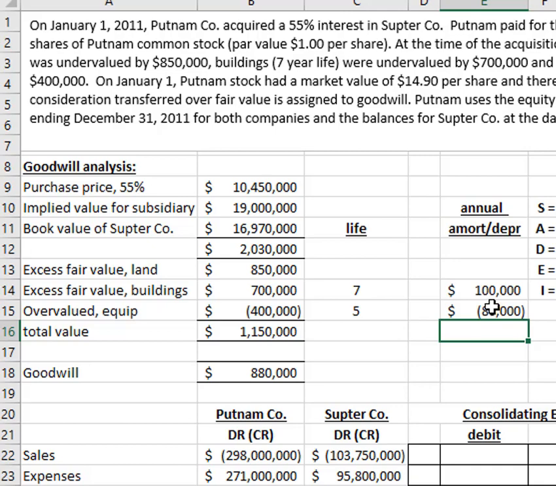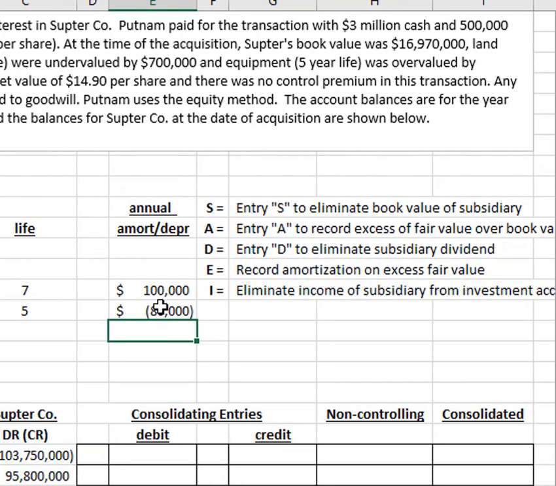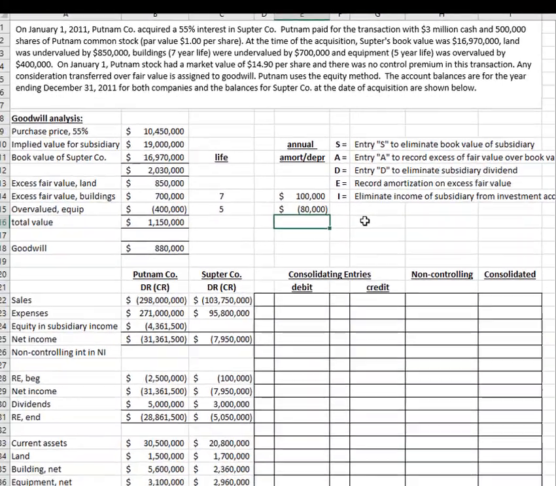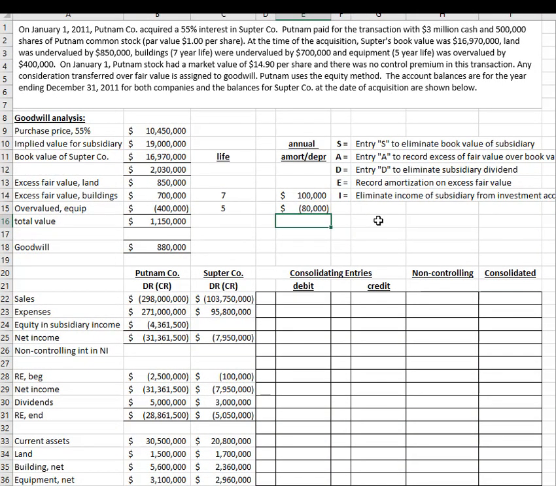So be sure to be alert to that, and we'll see that when we start doing the entries. Here the entries remind you of what they are in case that's helpful to you. Just some notes there. So let's get started with the entries.